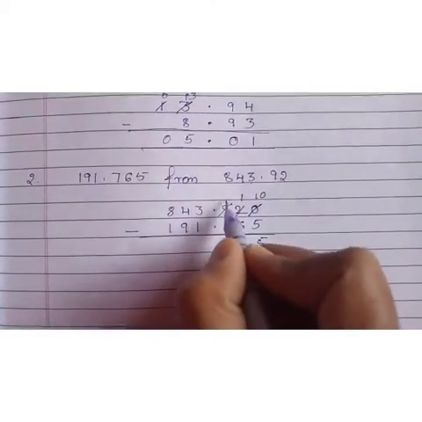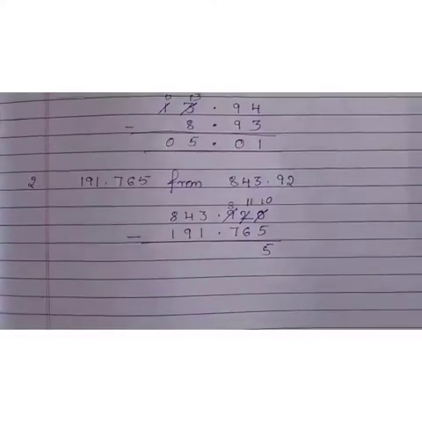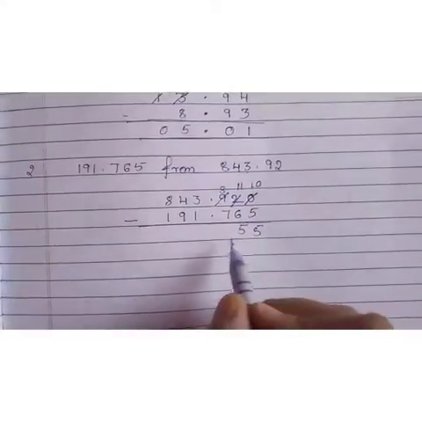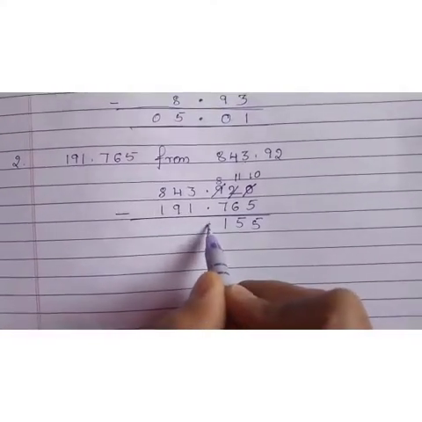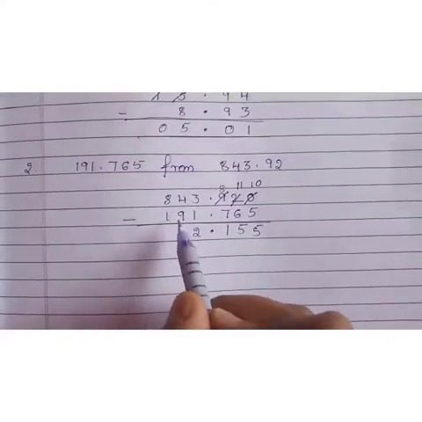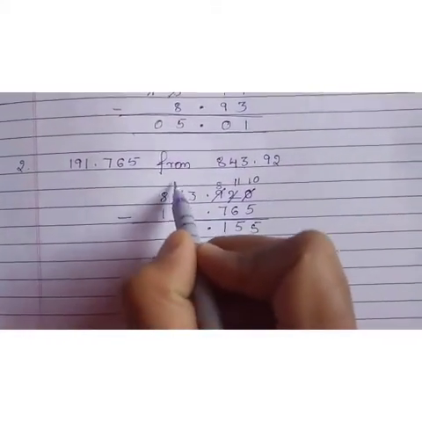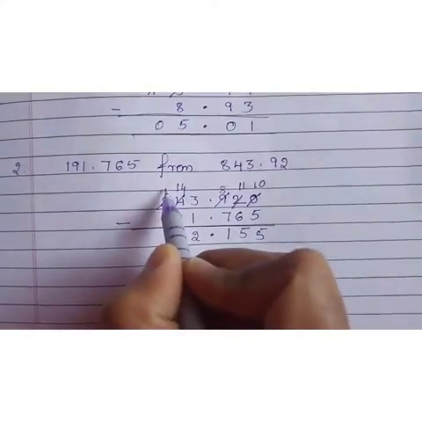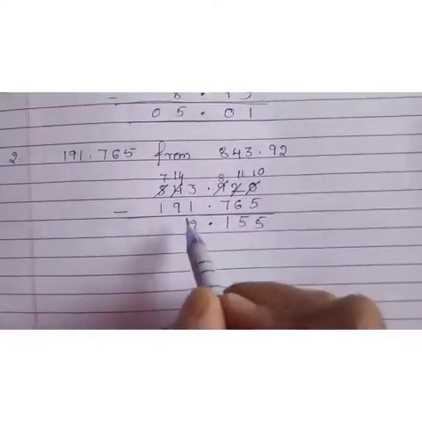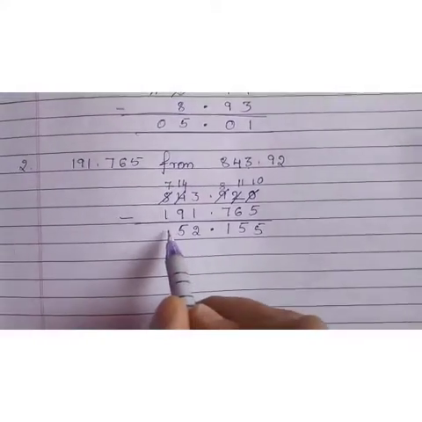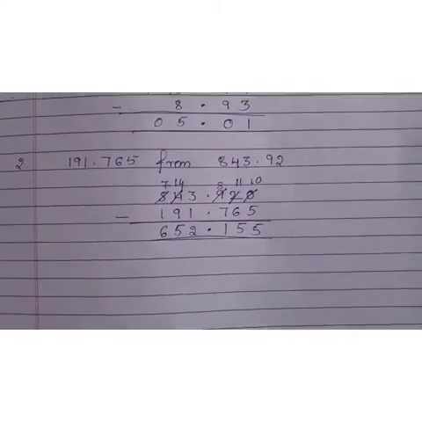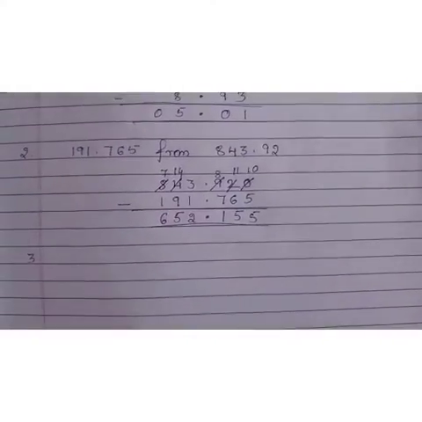No. So what you will do? You will borrow from here and this becomes 11. 11 minus 6 you get 5. 8 minus 7 is 1. Place the decimal point. 3 minus 1 is 2. Next, from 4 can you subtract 9? No. So it becomes 14 and when you borrow it becomes 7. 14 minus 9 you get 5 and 7 minus 1 you get 6. So the answer is 652.155.